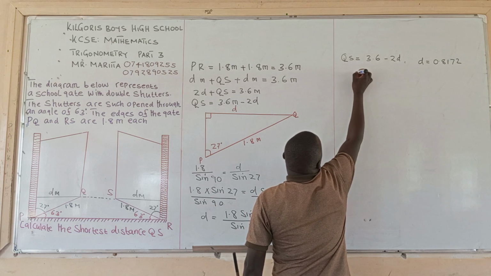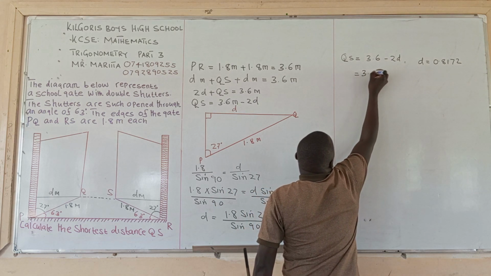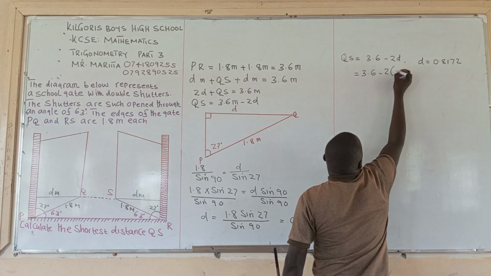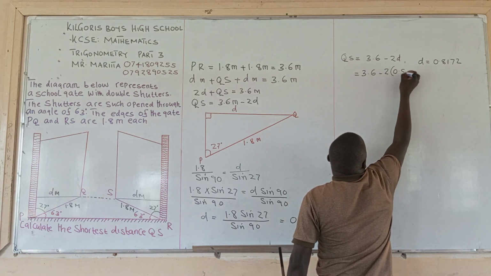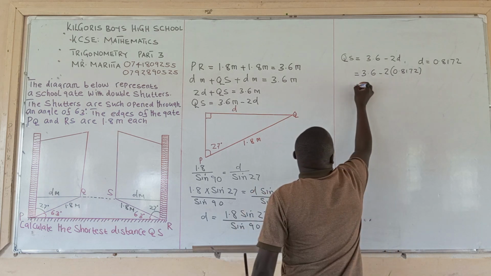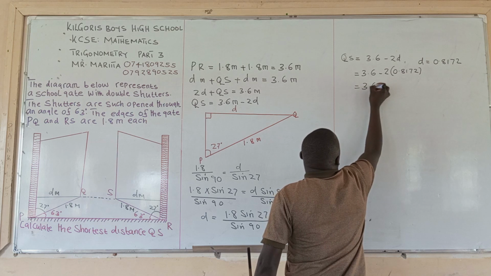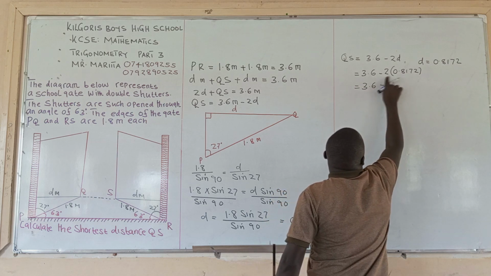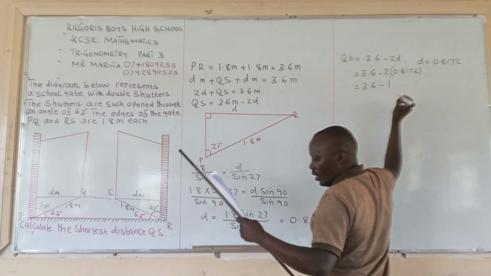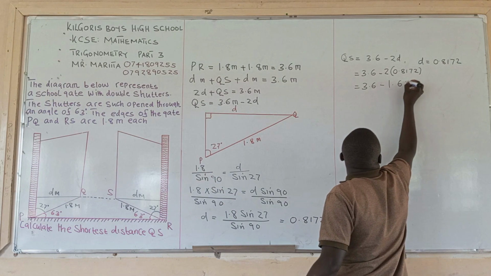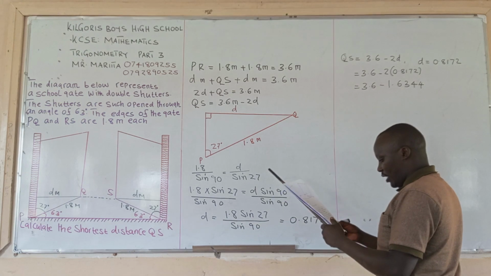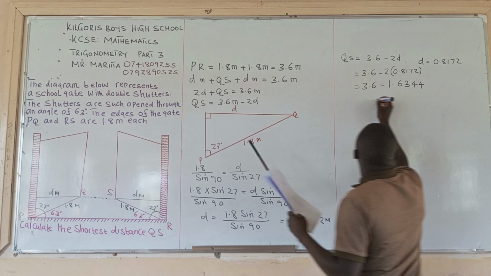So this will be equivalent to 3.6 minus 2 times 0.8172. So we have 3.6, and we subtract 1.6344.